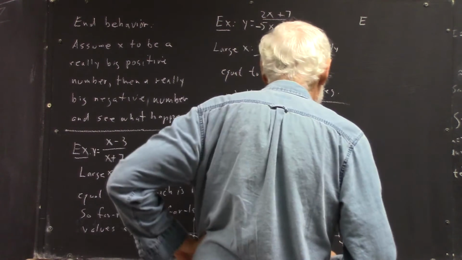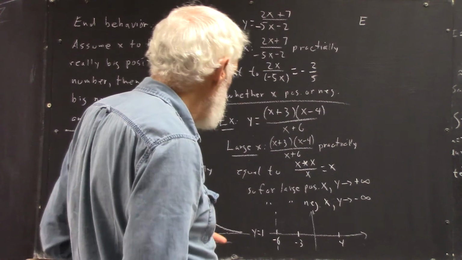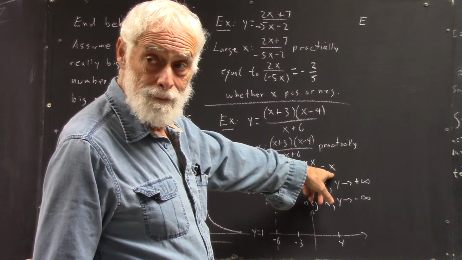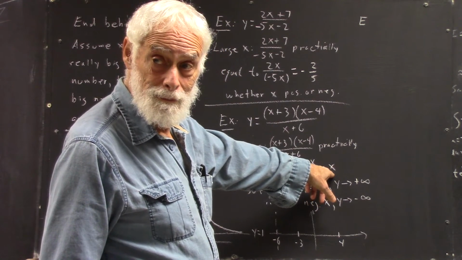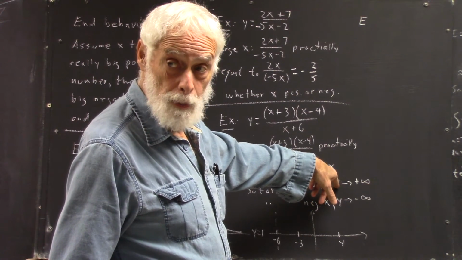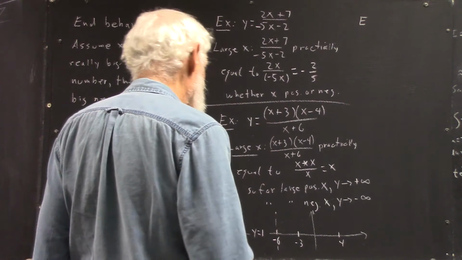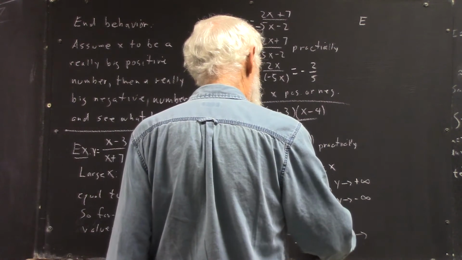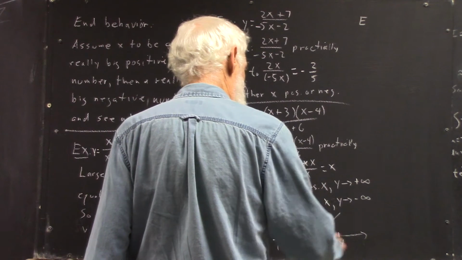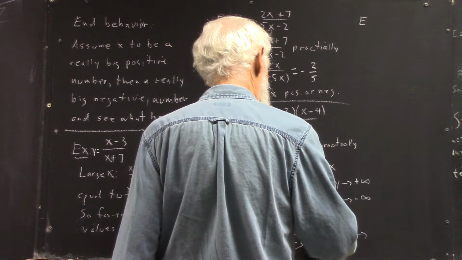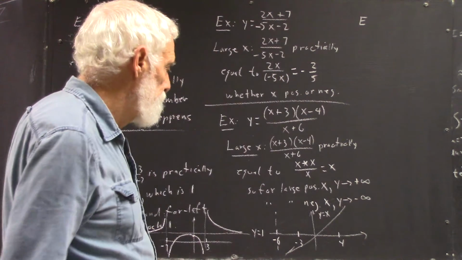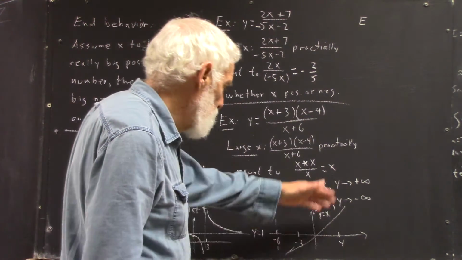Okay, so the other thing is that the graph approaches y equals x. We just figured that out. It came right out of considering the end behavior. y approaches x. So I can draw the line y equals x. It's supposed to be a straight line.